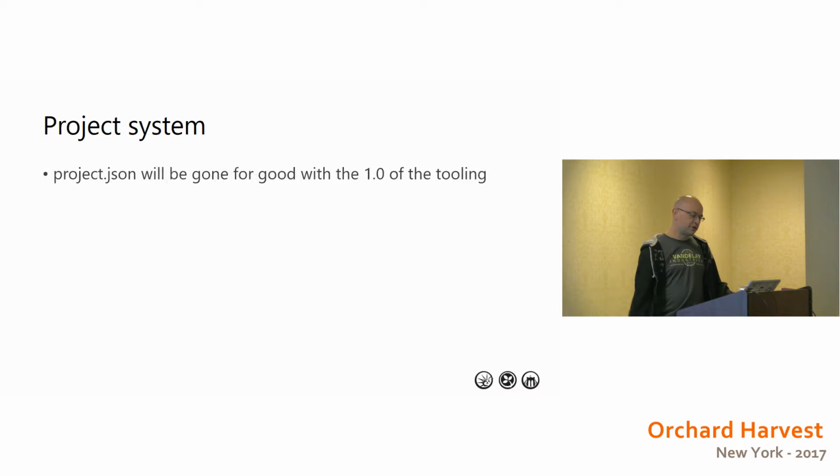All right, so let's talk about the stuff that some of you resent. The project system. .NET Core started with a new project system that was based on a JSON format. This is dead, I'm sorry. I'm one of the people who actually kind of resented that death.